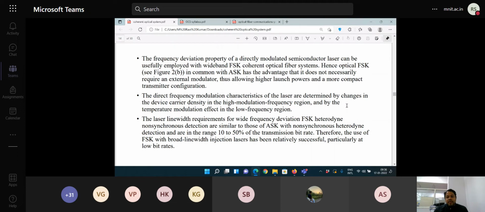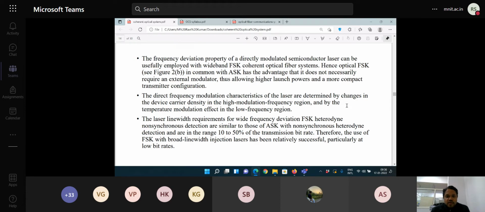This can be used with a directly modulated semiconductor laser, meaning if you change the frequency of the input, then accordingly the output frequency can change, or it can result in a different mode being transmitted.